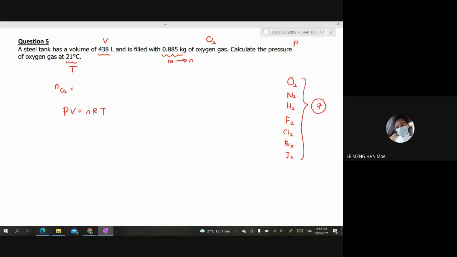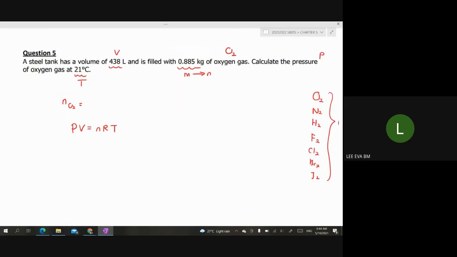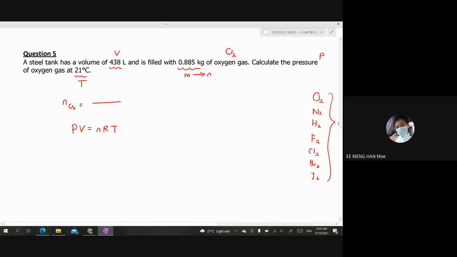No. Convert to gram. Why convert to gram? Because molar mass is gram per mole, not kilogram per mole. Ingat molar mass adalah dalam gram per mole.